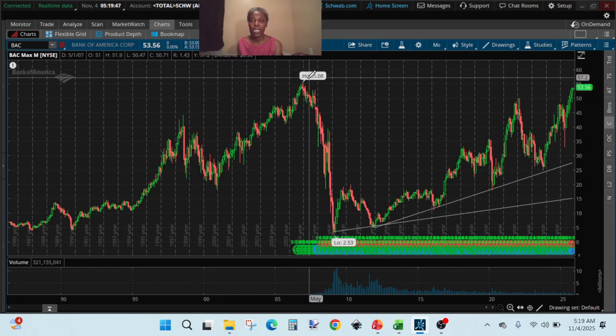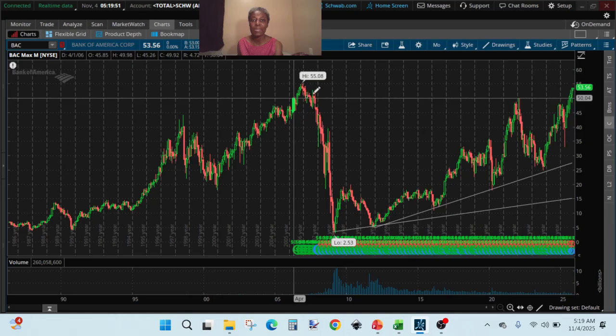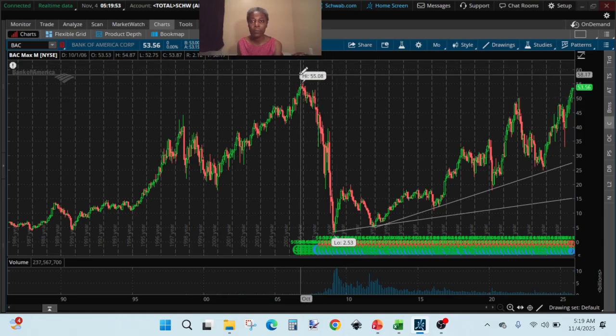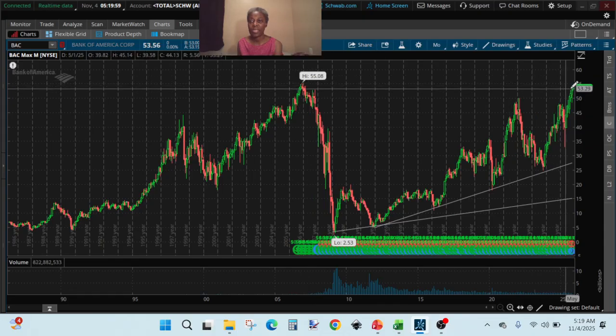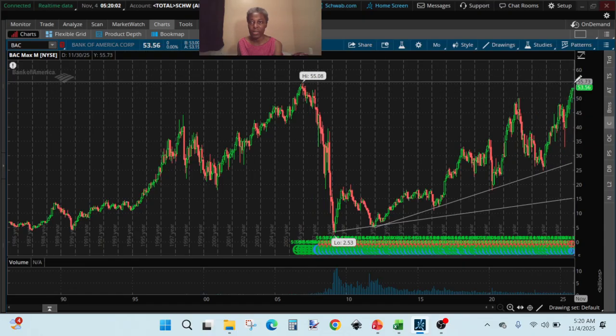When we are looking at the maximum monthly chart here, we can see that the all-time new high is so far back in the past, and there is a chance it might breach it this year.